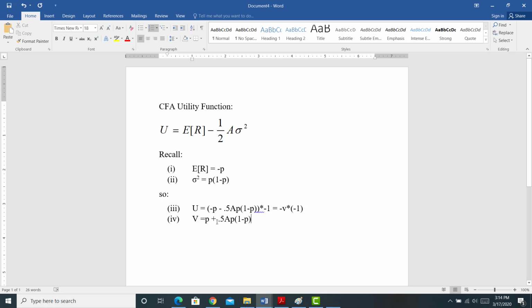Notice, from this equation, using a CFA utility function, I can just solve for A. Okay, let me solve for A. And when I solve for A, what do I get?